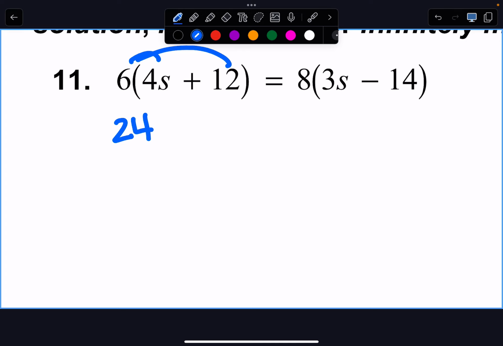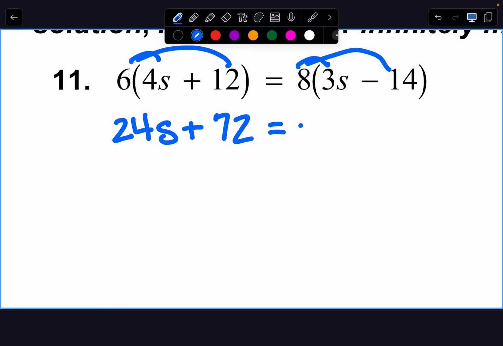We have 24s plus 72 and 24s minus 6. And some of you are already thinking, ooh, I see something.